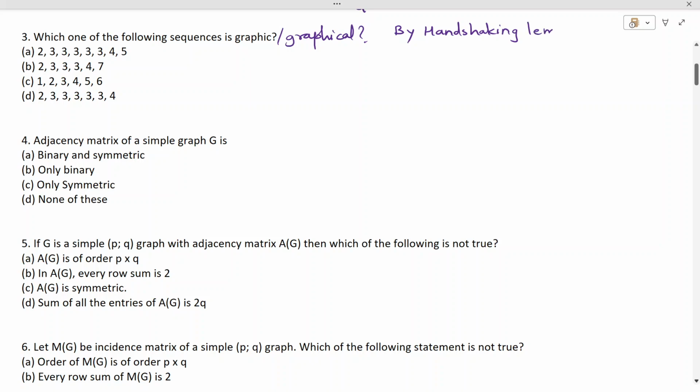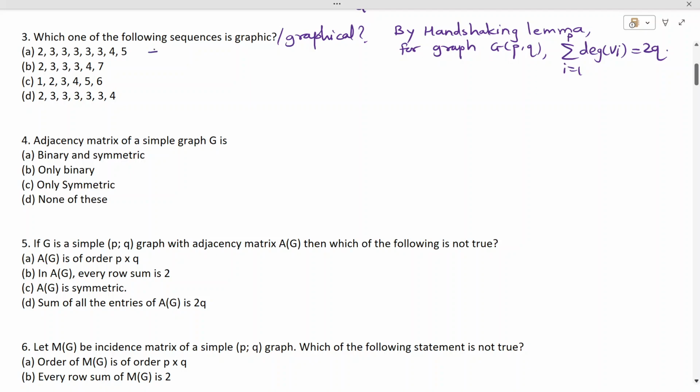For a graph G(p, q), the summation of degree of Vi, i running from 1 to p, is equal to 2q. So if any graph exists, then the sum of all the degrees of vertices is an even number.